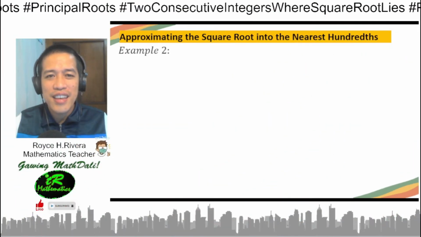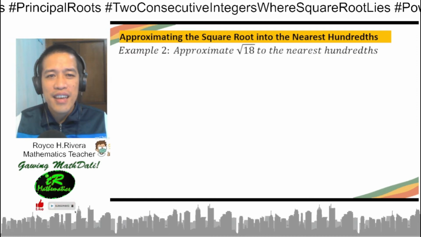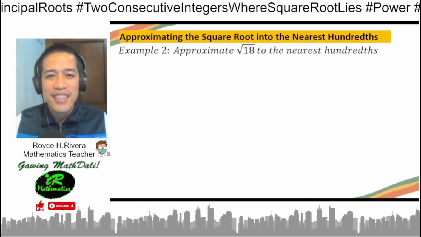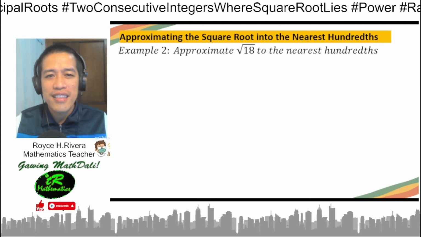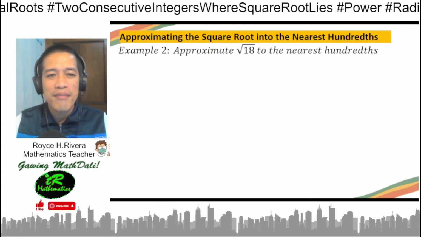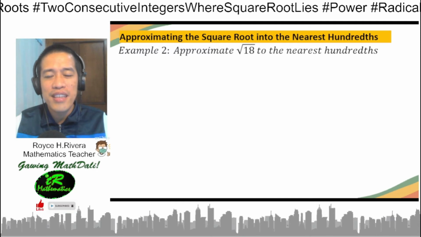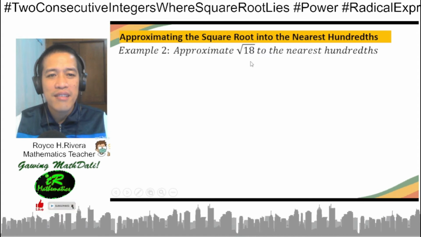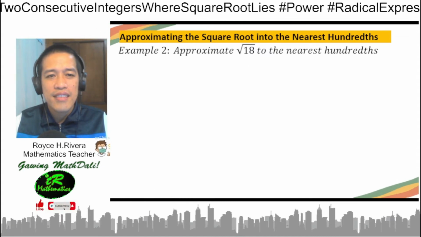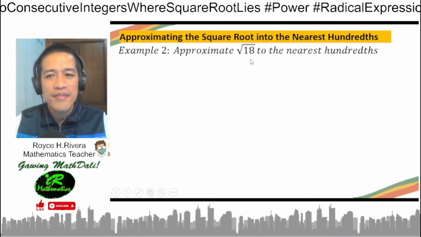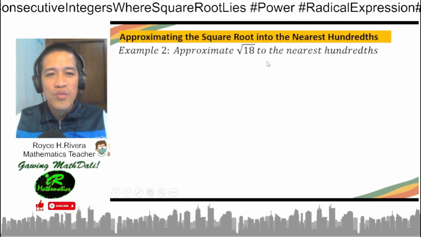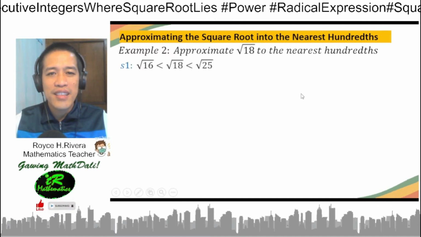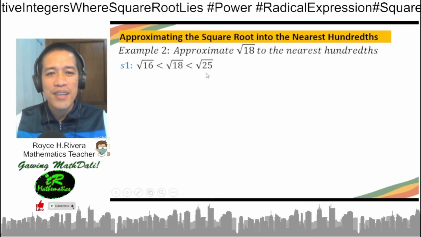Ngayon, diretso na tayo sa example number 2. Approximate square root of 18 to the nearest hundredths. Now, step number 1, find two consecutive perfect squares in radical form where the given radical expression lies. So the square root of 18 is in between the two consecutive perfect squares in radical form, square root of 16 and square root of 25.